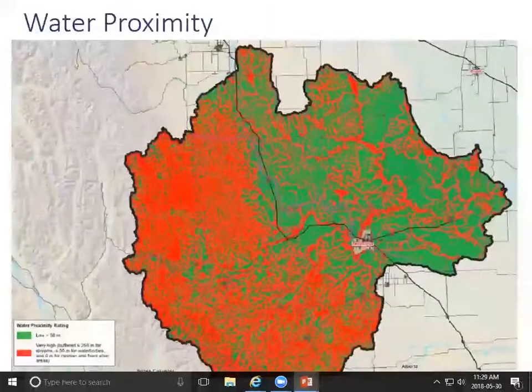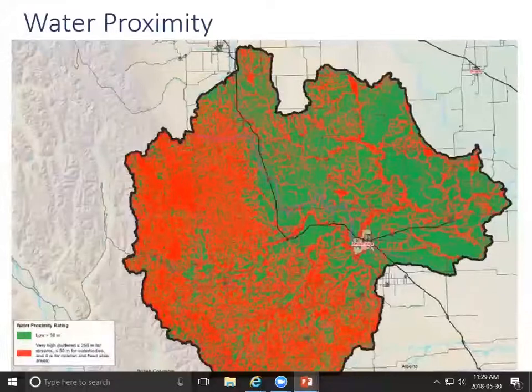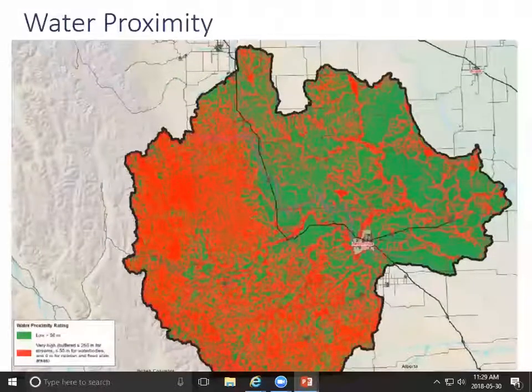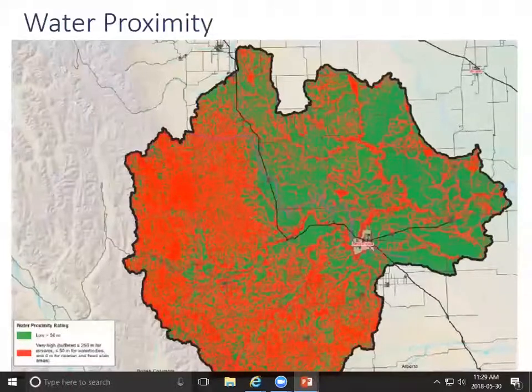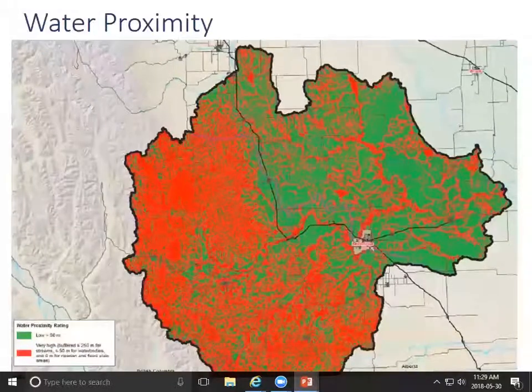This is proximity. So we took a whole bunch of different layers for the water proximity rating. You can dig into that in the technical report, but we had wetland layers, creeks, rivers, and so you can see it's fairly extensive.